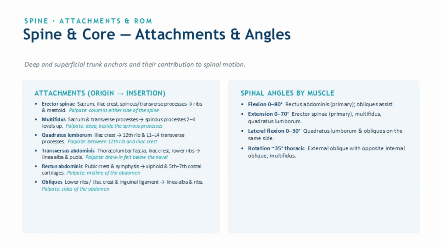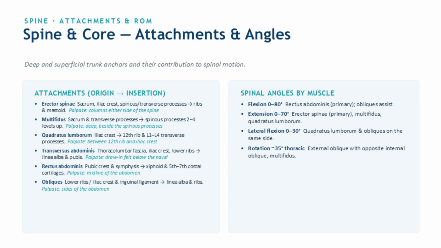Spine and core, attachments and angles. Every spinal and abdominal muscle contributes differently to movement and stability. Some muscles primarily generate motion, while others act as stabilizers that help maintain proper alignment during activity. As you study these attachments, think about how the direction of muscle fibers influences the movement they produce.